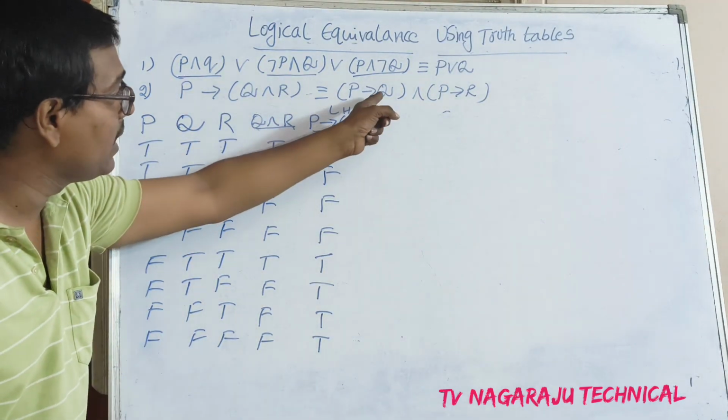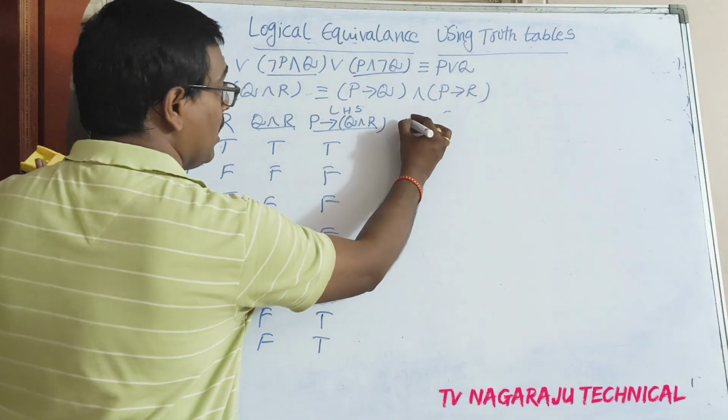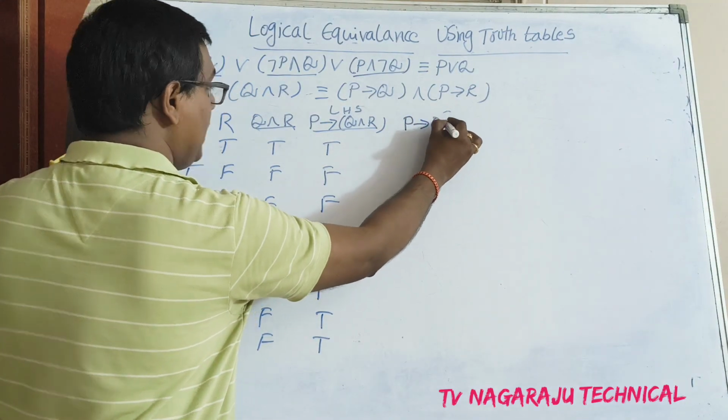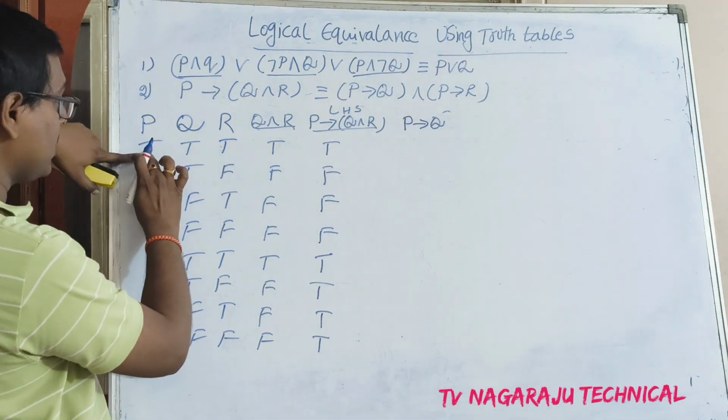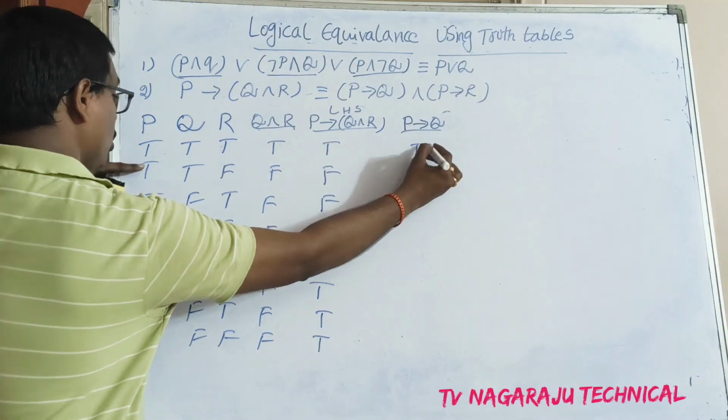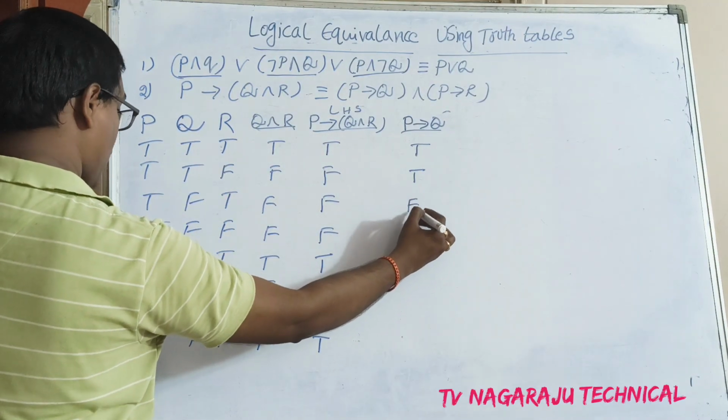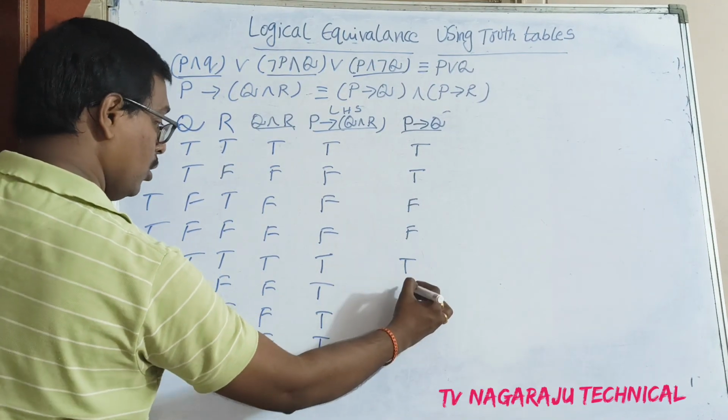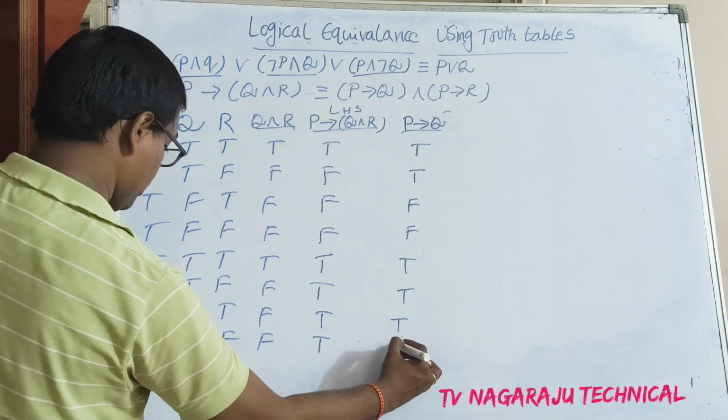Now I am calculating the right side as usual. First I am doing P implies Q: true, true, false, false, true, true, true, true.